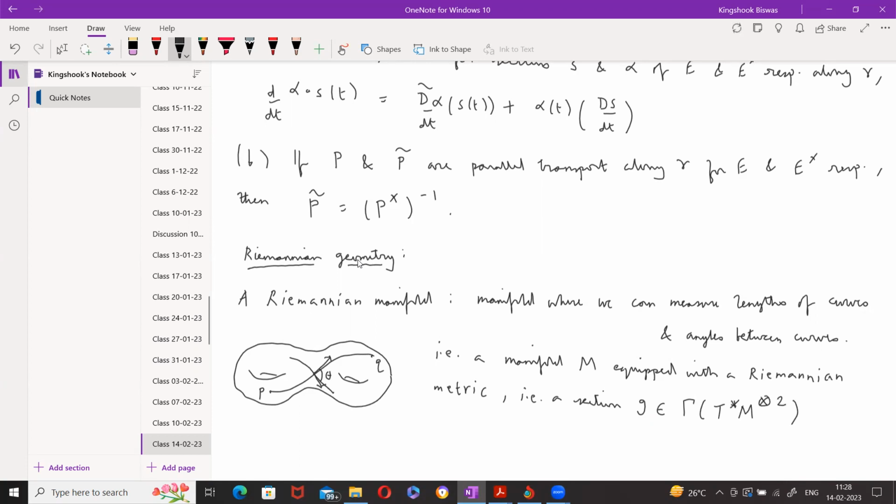Whenever I use this notation gamma, I always mean smooth sections. So this will be a smooth section of this bundle, such that for all p in M, the value of the section at p, g_p from TpM cross TpM to R, is an inner product. So it satisfies symmetry and positivity.